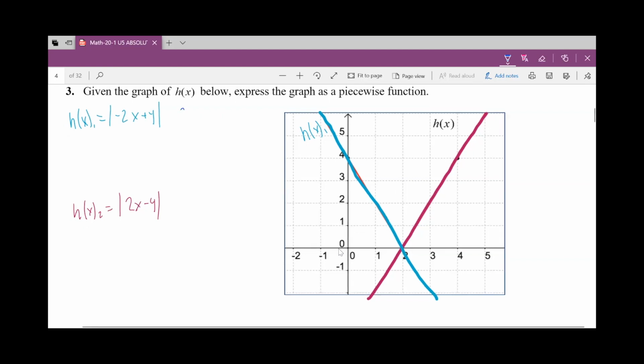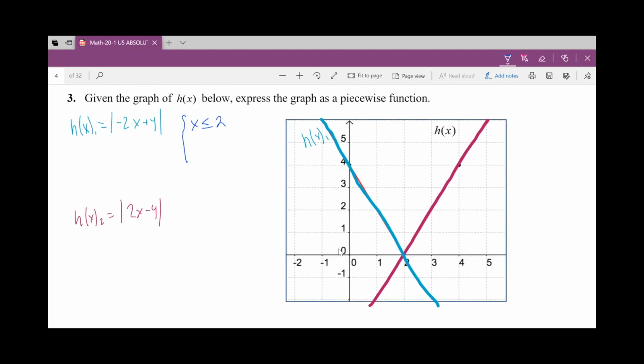For values of x that are less than or equal to 2, the piecewise equation of the absolute value will be negative 2x plus 4. And for values of x that are greater than 2, that part of the piecewise function will be positive 2x minus 4.